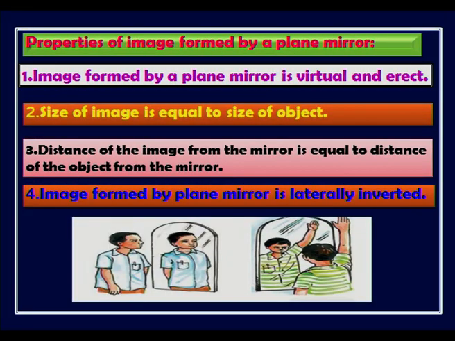Now, we will discuss refraction of light. Before going to discuss refraction of light, we will learn what is a medium, what is a rarer medium, and what is a denser medium. First of all, we will see the medium.